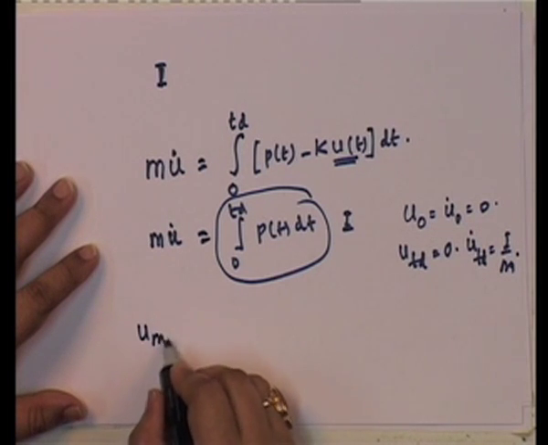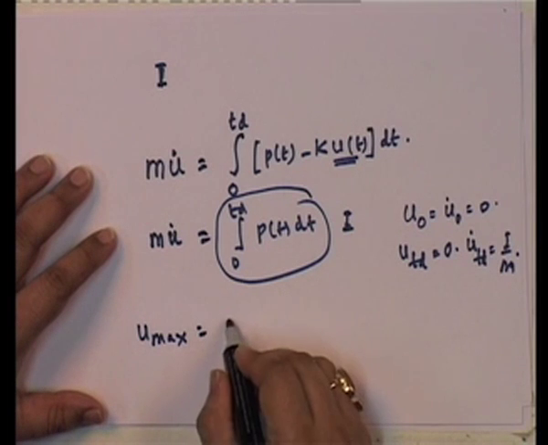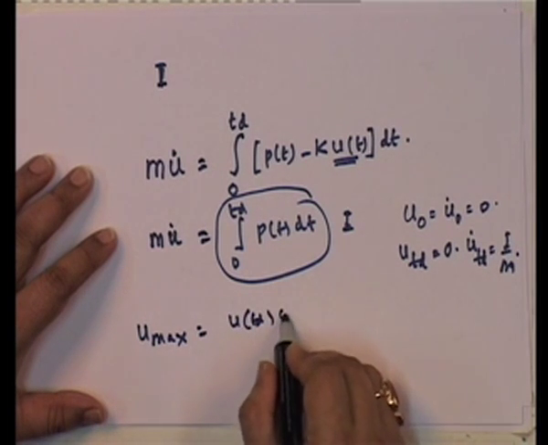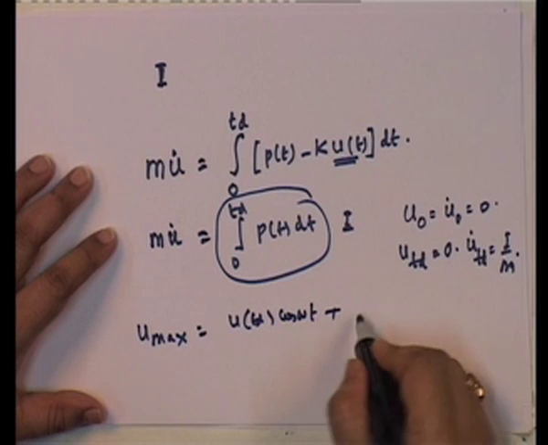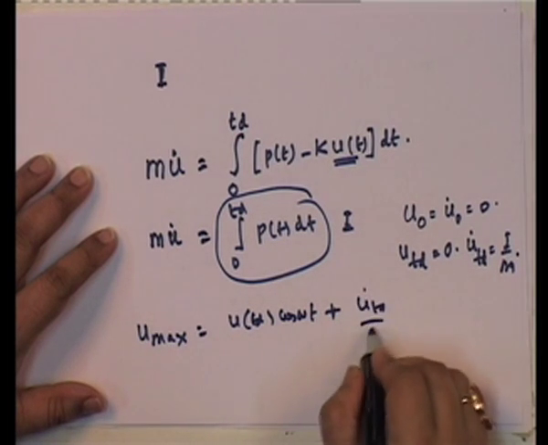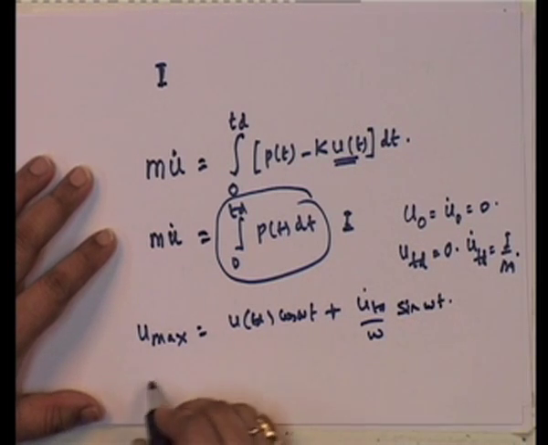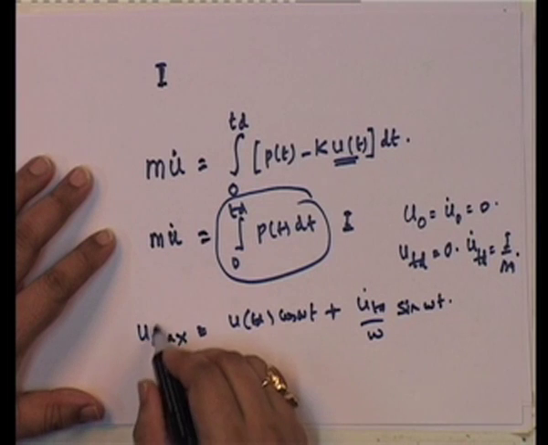My u max becomes equal to u T d cosine omega t plus u dot T d upon omega sine omega t, right. So, that's u t.